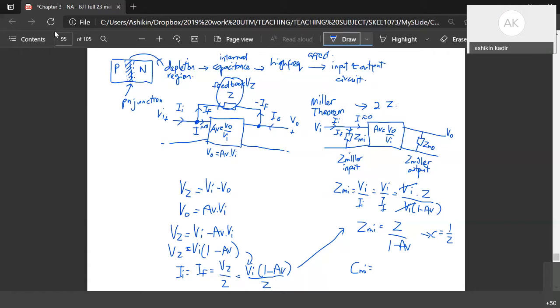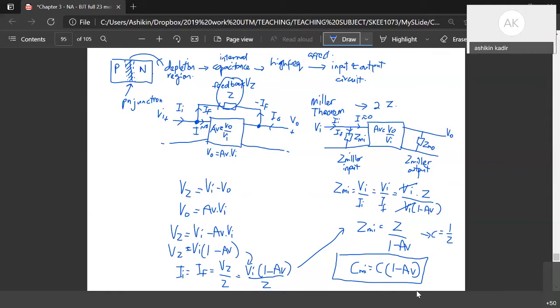Okay, so CMI will be equal to C multiplied with 1 minus AV. Okay, so we can use this equation. It doesn't matter if you don't know how to derive it, it's okay. But you need to remember CMI equals C multiplied with 1 minus AV.